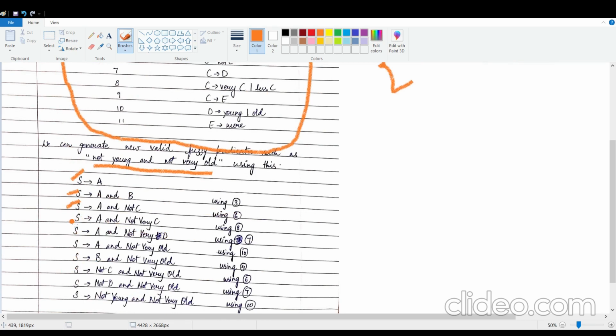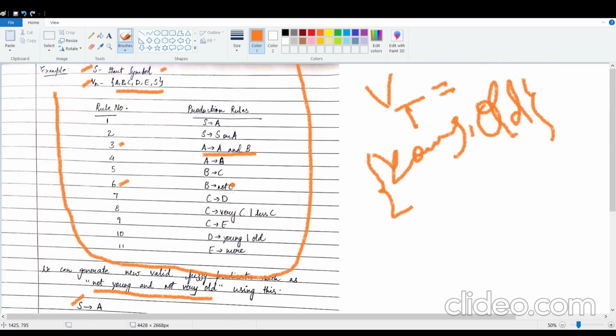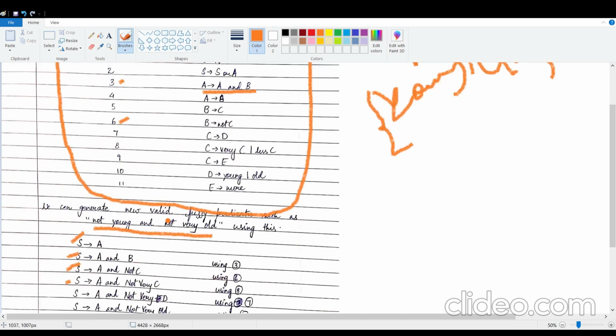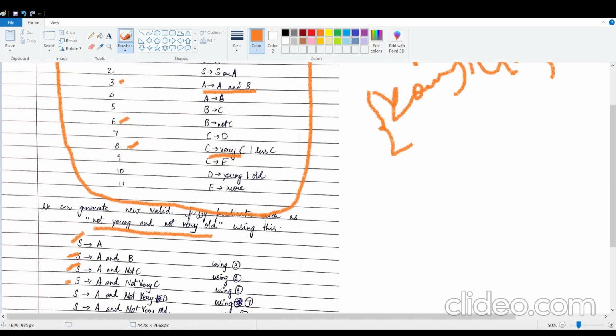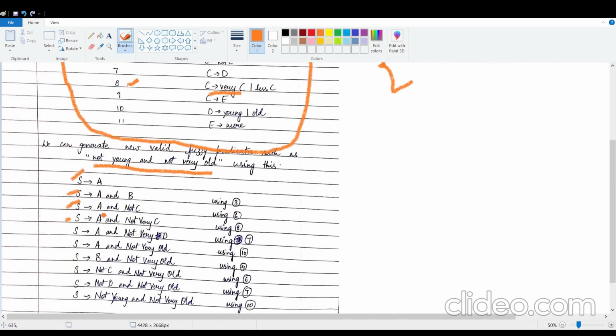And from this, again, I can say S implies A and not very C. And this is from my eighth rule. So this is where my C is implying very C or less C. So I'm using very C in this case.